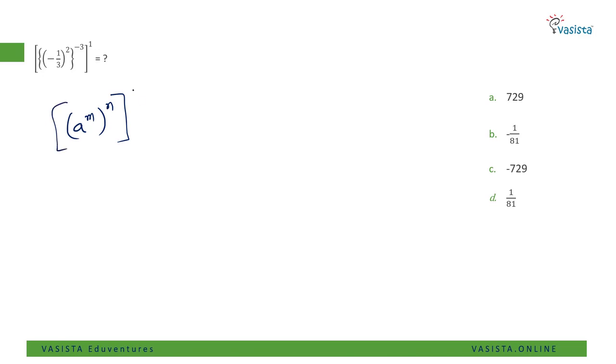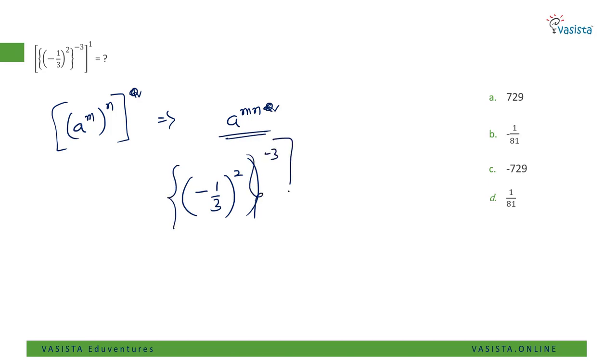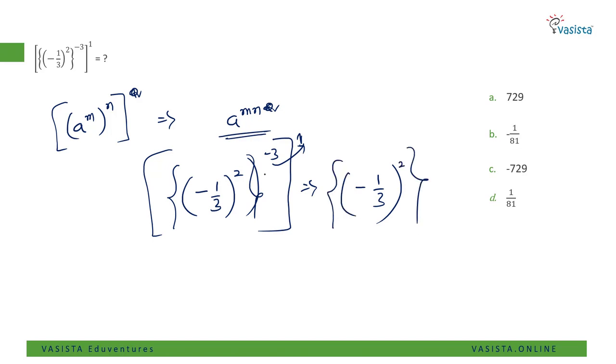So here, (minus 1 by 3 to the power of 2) whole to the power of minus 3, then to the power of 1. Now multiply the powers: that is minus 3 into 1, which is multiplied with 1. You are going to get this.